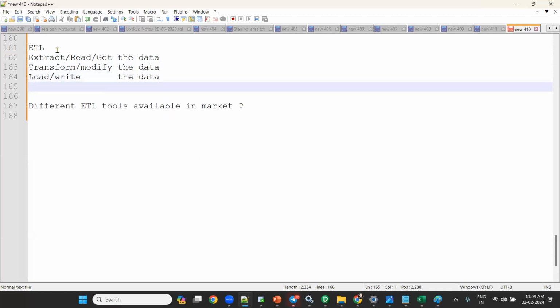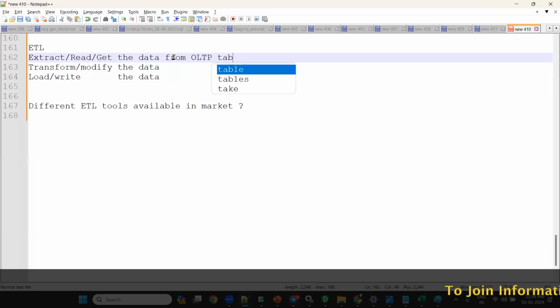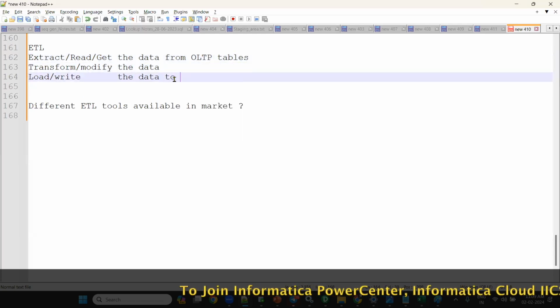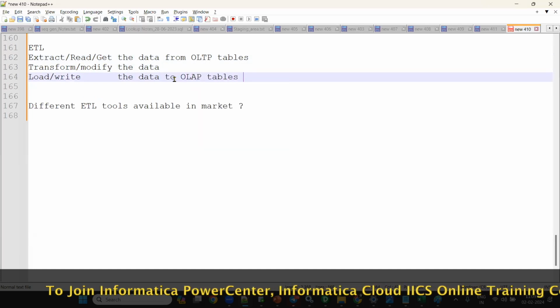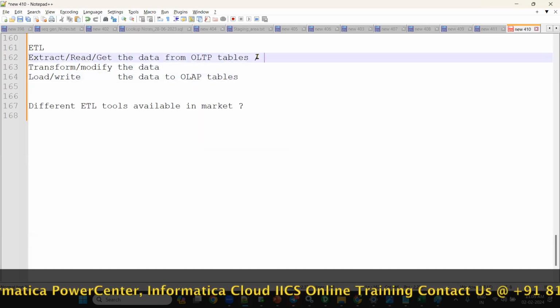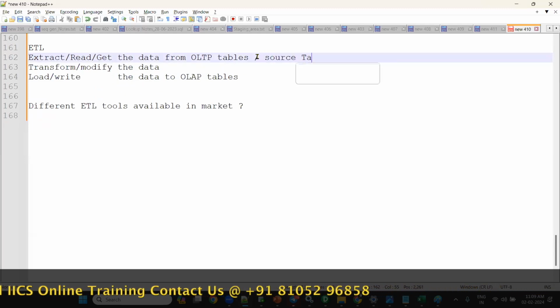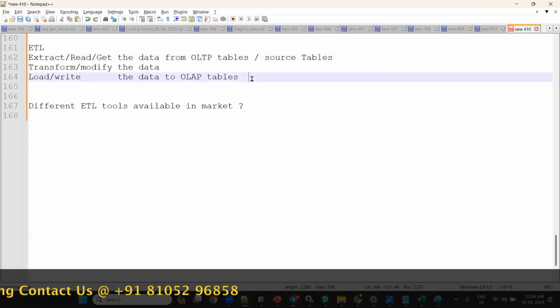Extract the data from OLTP tables, modify it, and load it to OLAP tables. OLTP tables are also called source tables, and OLAP tables are also called target tables.